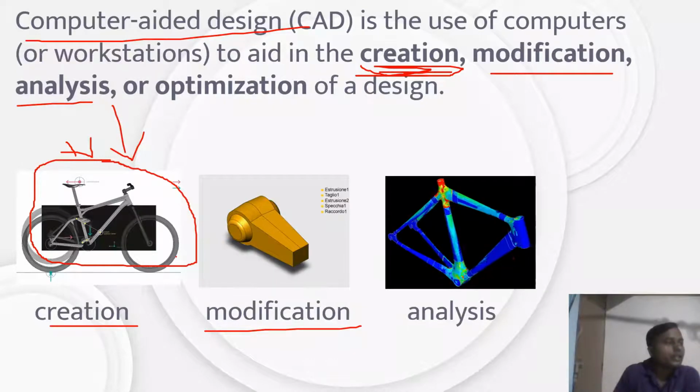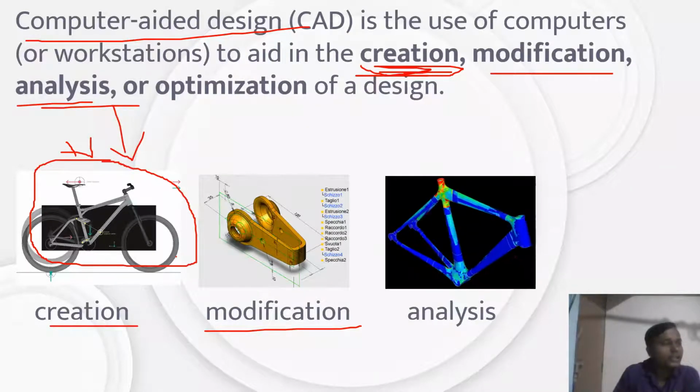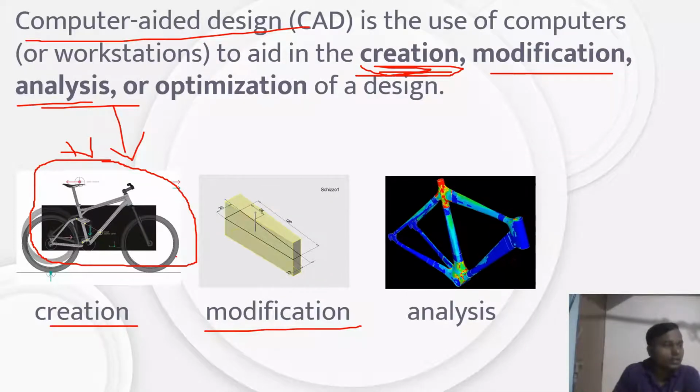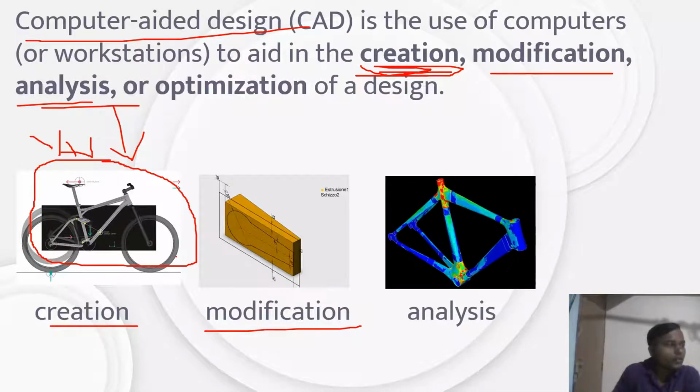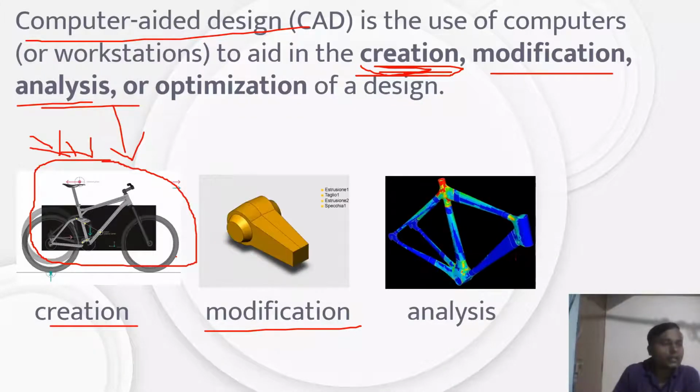Analysis means we check the behavior of any material under any force. Some forces act on this body and we have to analyze all the parameters of the body with the help of software, which is called analysis.